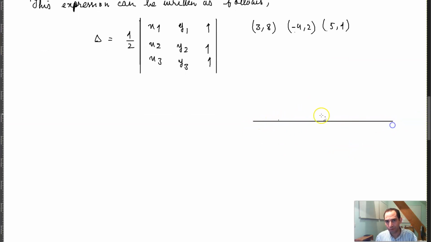So 3, 8 would be 1, 2, 3 and 1, 2, 3, 4, 5, 6, 7, 8, so you would have this point over here. -4, 2 would be 1, 2, 3, and 4, and this point over here. And 5, 1 would be this point over here, and then you would have a triangle like this.